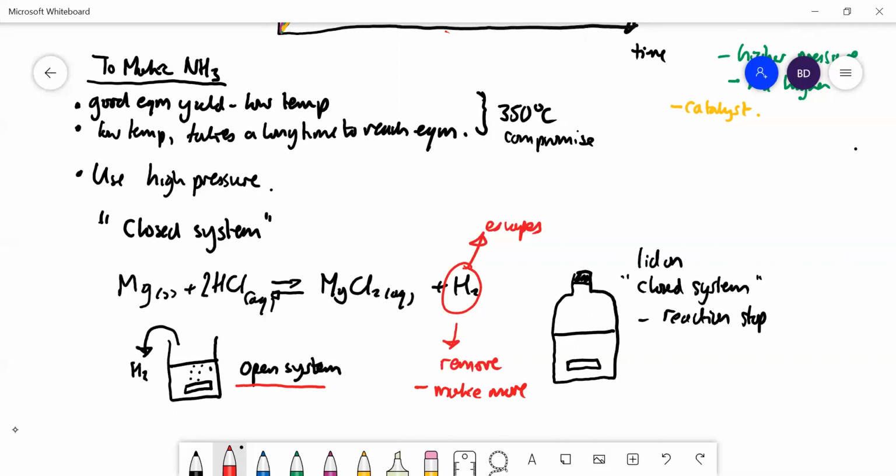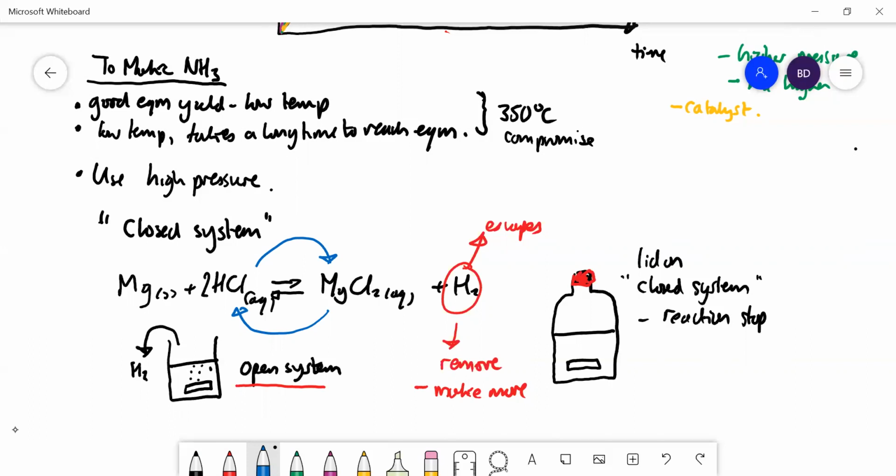If you put a lid on there, you stop that product escaping, and so the reaction can go backwards and forwards, and it will reach equilibrium, and you'll get to a point where there's a bit of magnesium in the acid and it doesn't dissolve, even though there's enough acid to react with it.